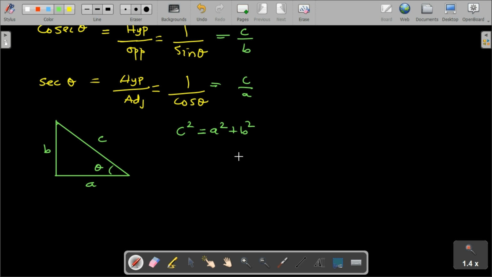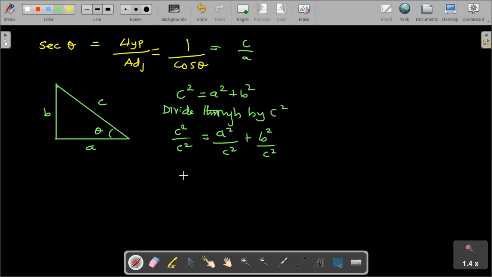Now, let's divide through by C squared. If we divide through by C squared, obviously we are going to have C squared over C squared equals A squared over C squared plus B squared over C squared. Of course this one is 1, and we could rewrite this as A over C all squared, law of indices, plus B over C also all squared.